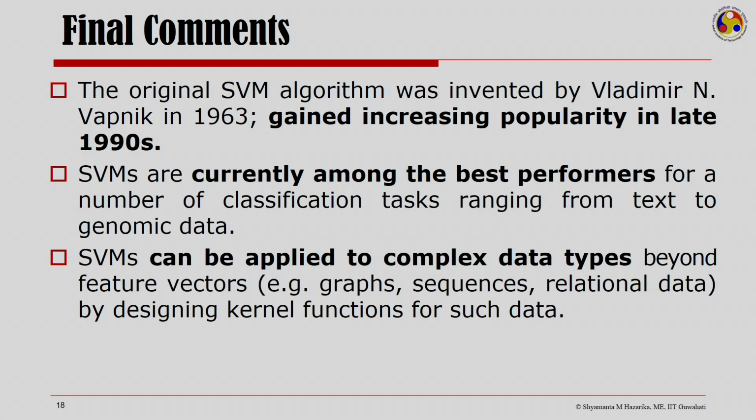Support vector machines can be applied to complex data types beyond the feature vectors, such as graphs, sequences, relational data, by designing kernel functions for such data, and kernel tricks hold huge promise.